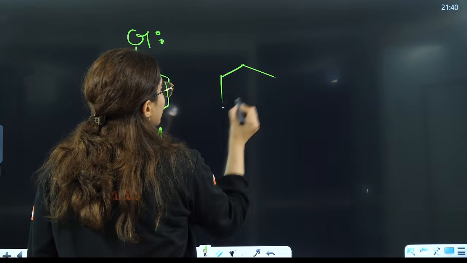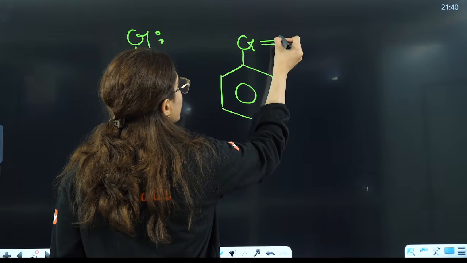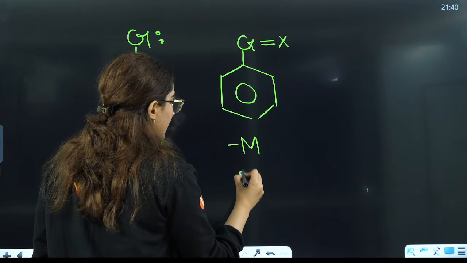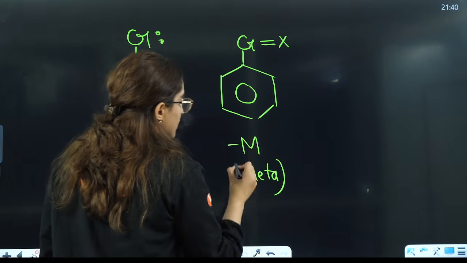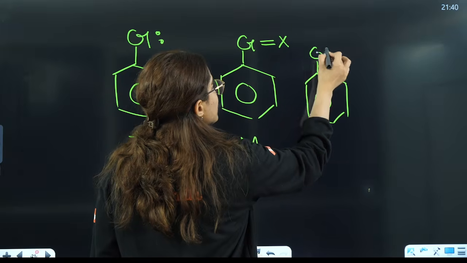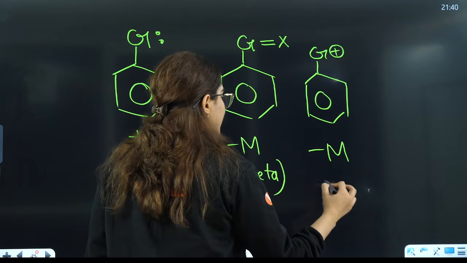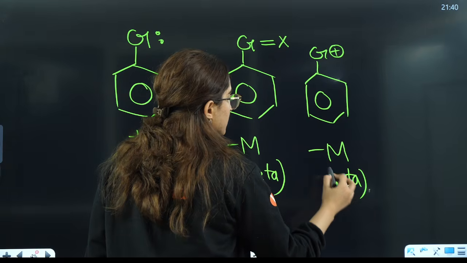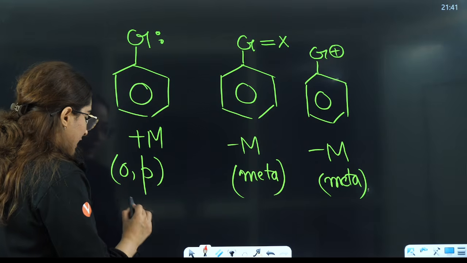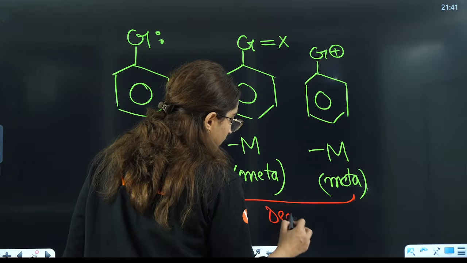If you have any group which is connected by a pi bond to some more electronegative element, it is always going to show minus M, that is always meta directing. And also if you have any group which has a positive charge, then also it is going to show minus M effect, and that is meta directing. Okay, and plus M are always activating, minus M are always deactivating.